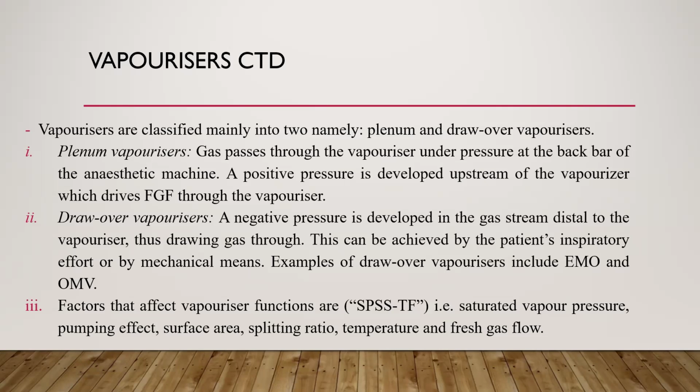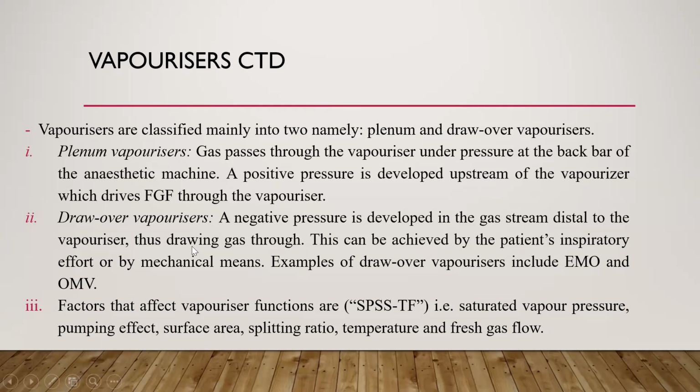Most of the vaporizers we have are plenum vaporizers, but it is important for you to know about the draw-over vaporizers, which include the EMO and the OMV. I'm sure you know the full meaning of these. What is it called now?